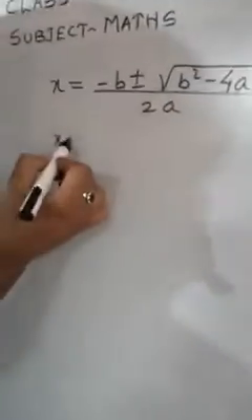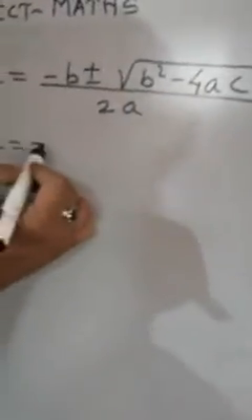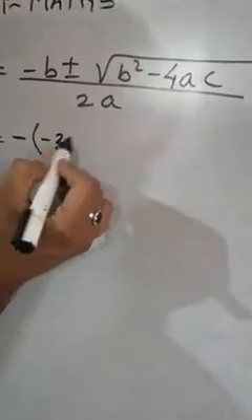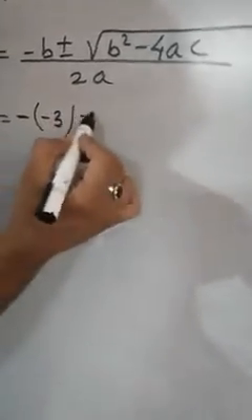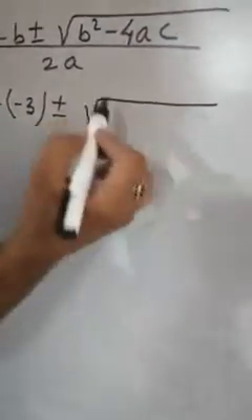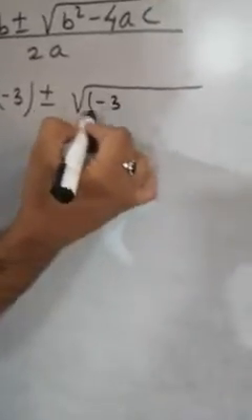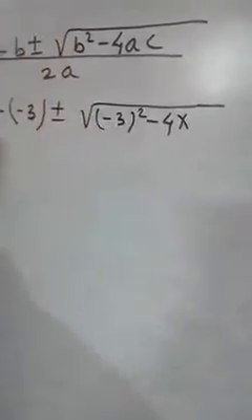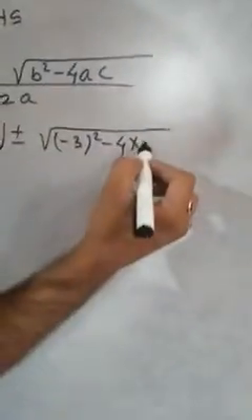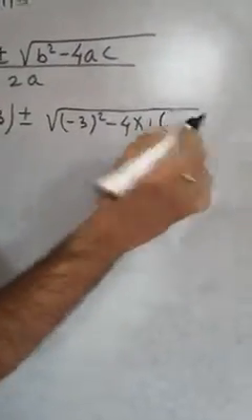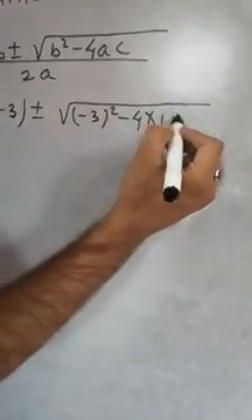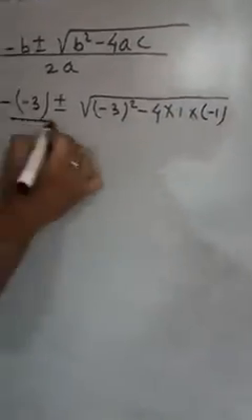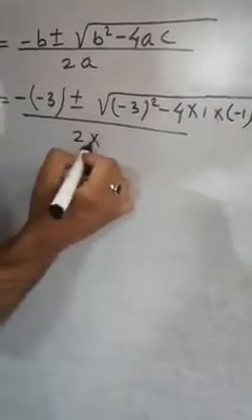Now we got the b square minus 4ac value. Minus b: the value of b is minus 3, so this minus sign is of course from the formula. Plus minus square root of b square, that is 3 square, minus 4, the value of a is 1 and the value of c is minus 1, upon 2a, that is 2 into 1.